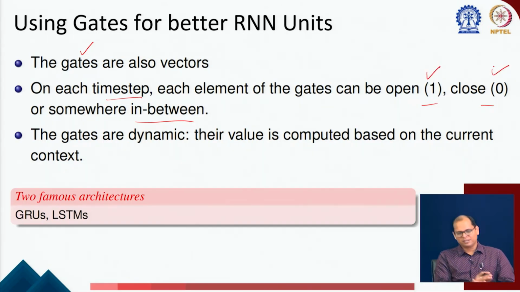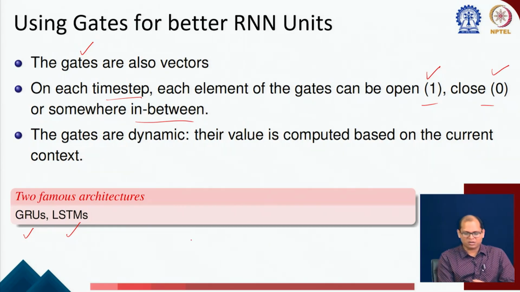Very rarely they will be somewhere in between. And the gates are dynamic, and their value is computed based on the current context. There are two very famous architectures that use these gates, GRU and LSTM. In this lecture, I will only talk about LSTMs, but you can read about GRUs.